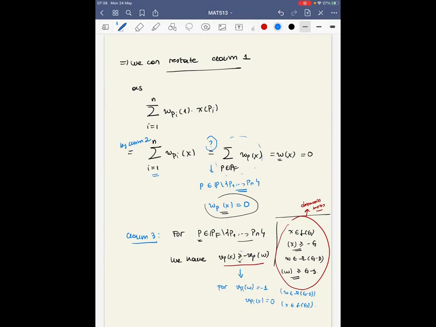So we need to be sure that this inequality holds only for places P, and this is not the case if we choose this place among these rational places.